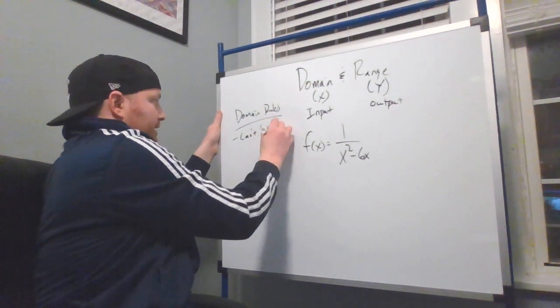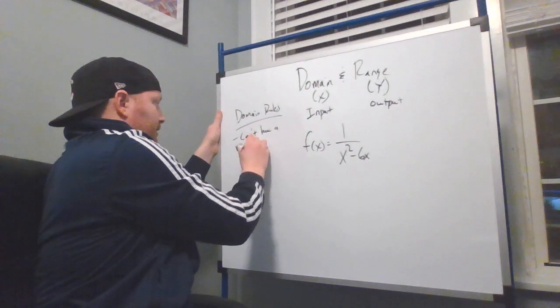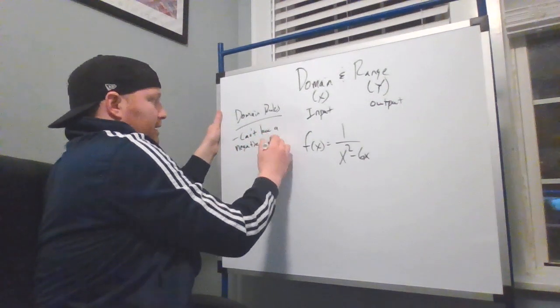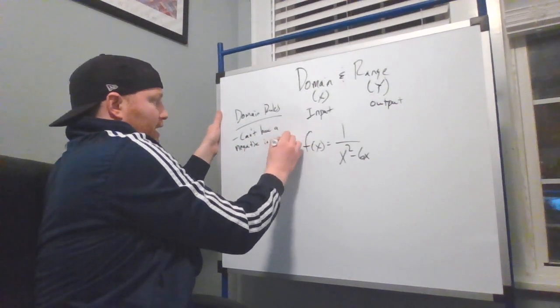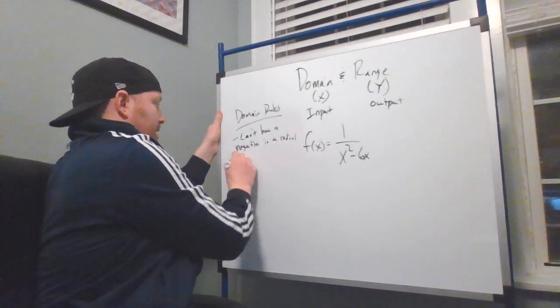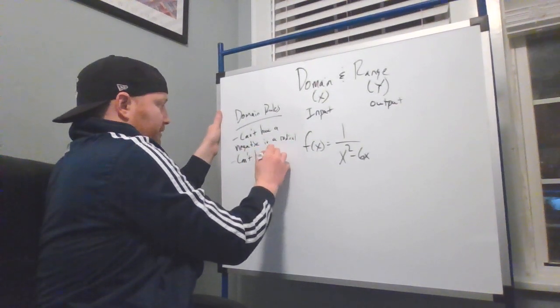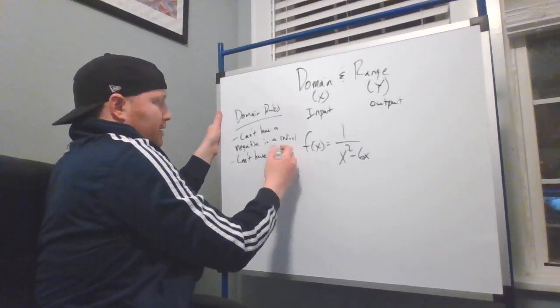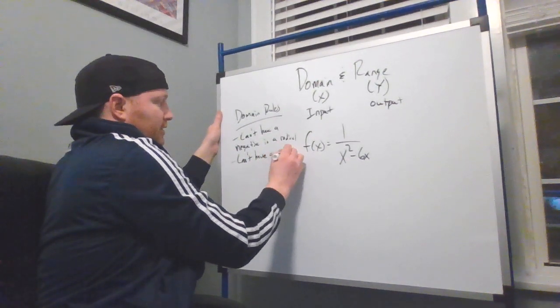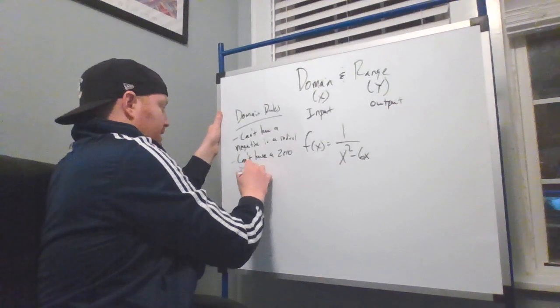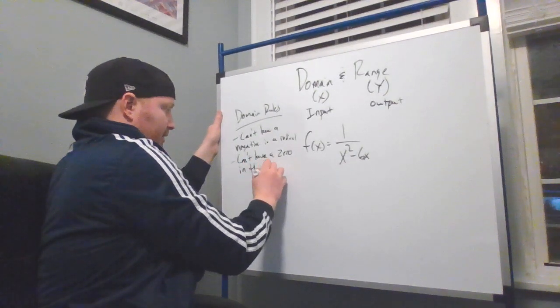Can't have a negative in a radical and can't have a 0 in the denominator.